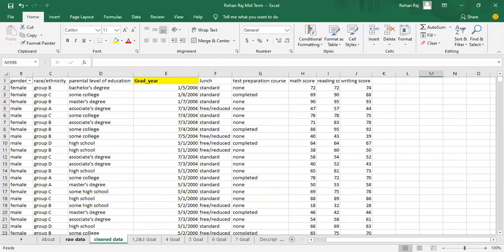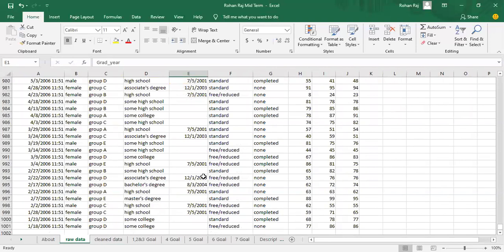Well, I'll show an example of how I fill my data. So if you see 75, 2001, and there were 1, 2, 3, 4 empty spaces.